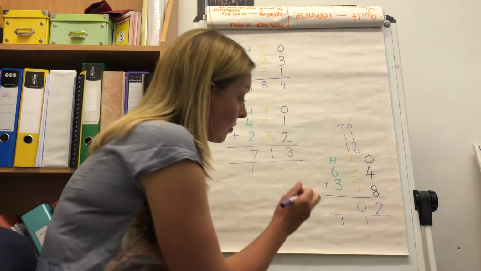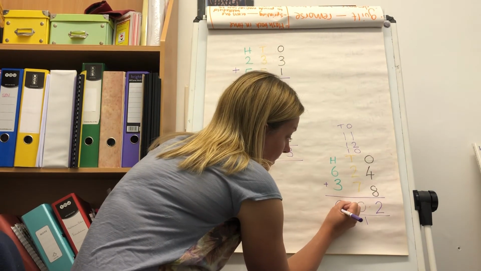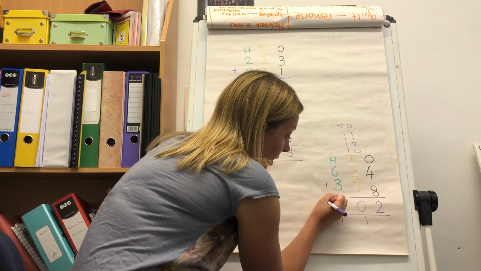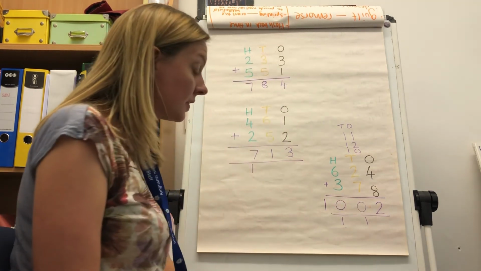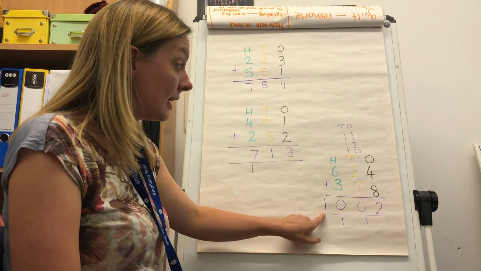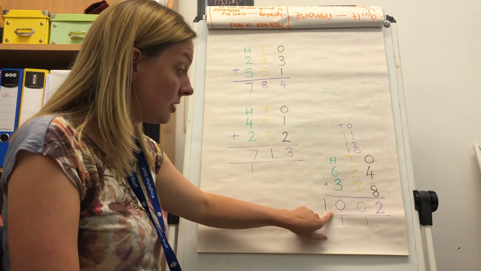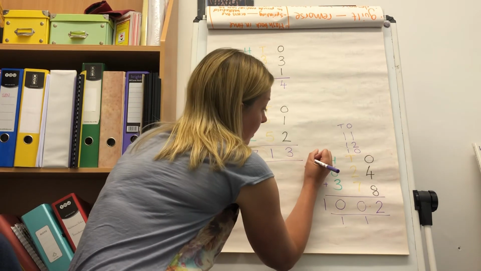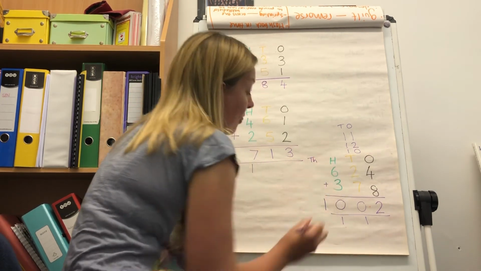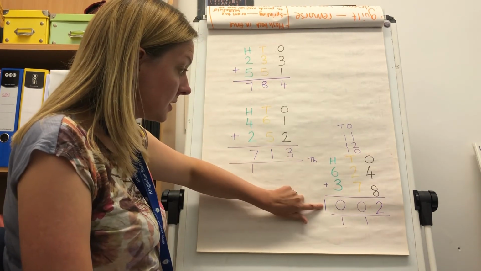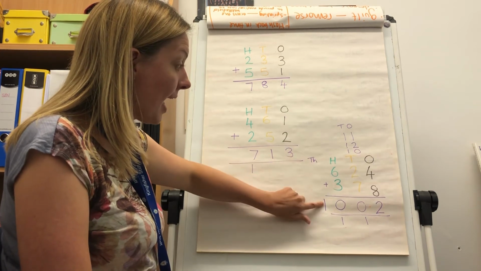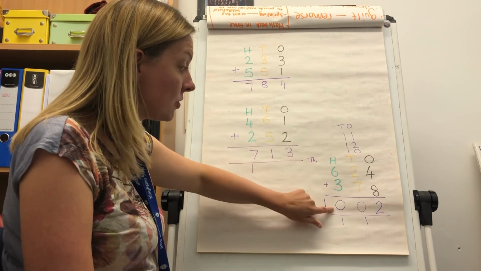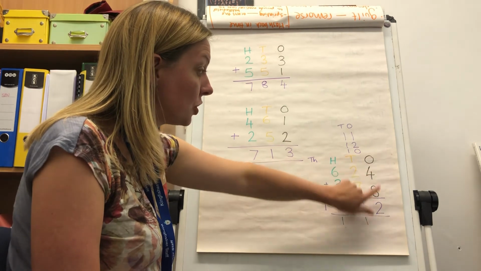Now, when I write it, my 0 and my 1, so my answer is now not 1000, but we move over a column. So I've now got my 1,000. So we've got 1,000, no hundreds, no tens, and 2 ones.